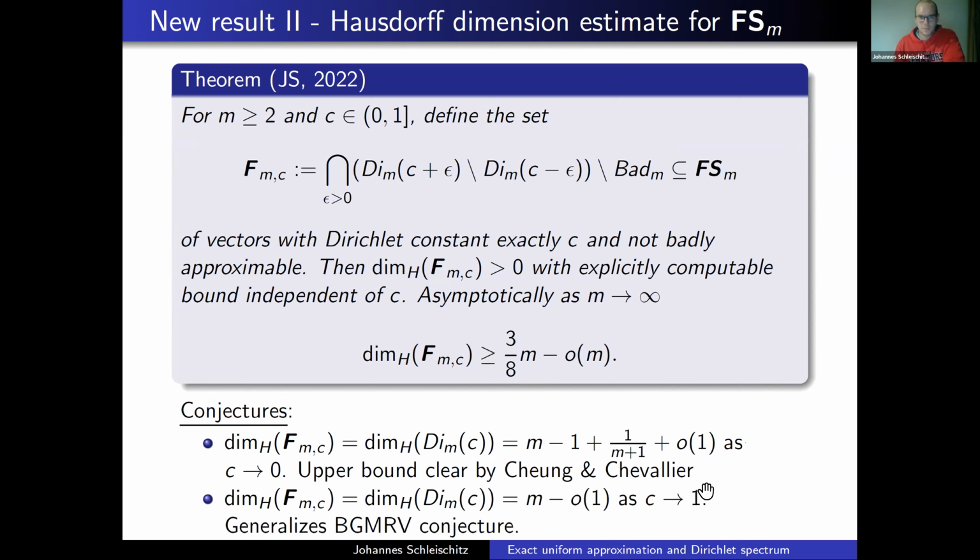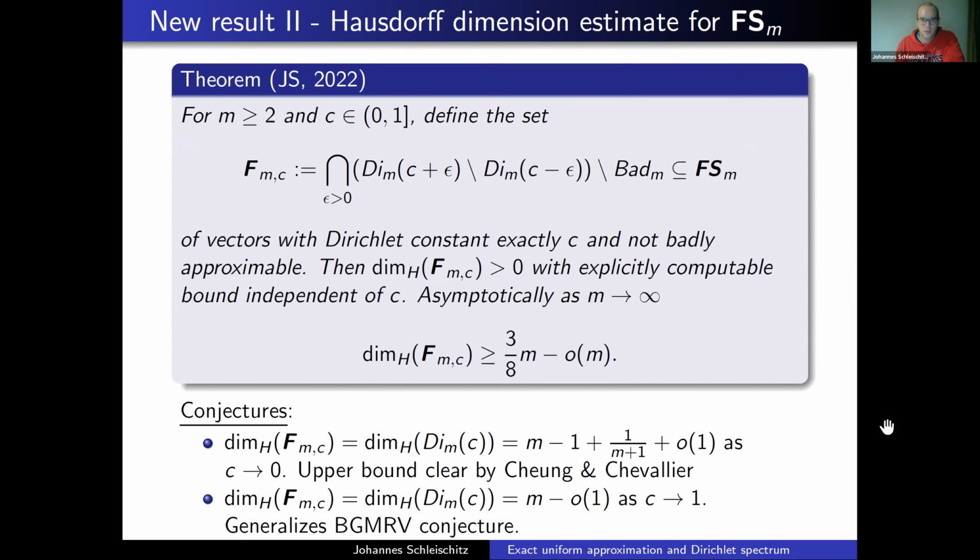And as C tends to 1, my guess would be that it's the same as the Hausdorff dimension of the Dirichlet set of C, which is of the form M minus little o of 1. And the second one generalizes a conjecture where this set FM is conjectured to have dimension 1.